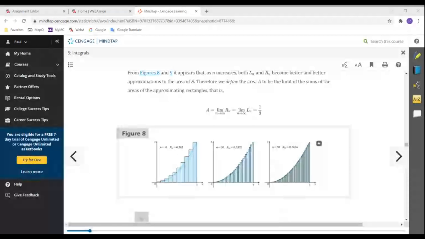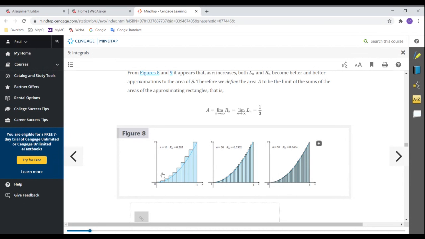Okay, so this here, figure 8 from the ebook, goes with example 2. Again, their function is f of x equals x squared. You can see in figure 8 they have 10 intervals, using right endpoint approximations.